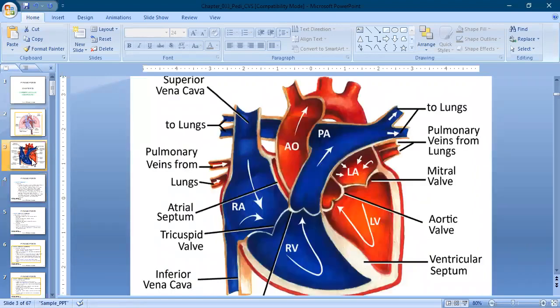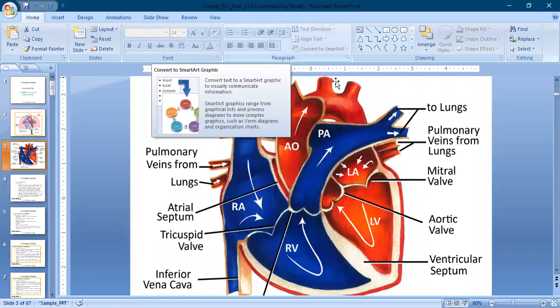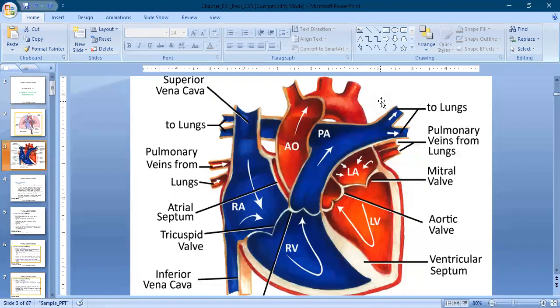Something is important, my friend, we should know. The workload is more in the left ventricle. So the left ventricle needs more oxygen, right? And the most common heart failure occurs because of left ventricular failure.